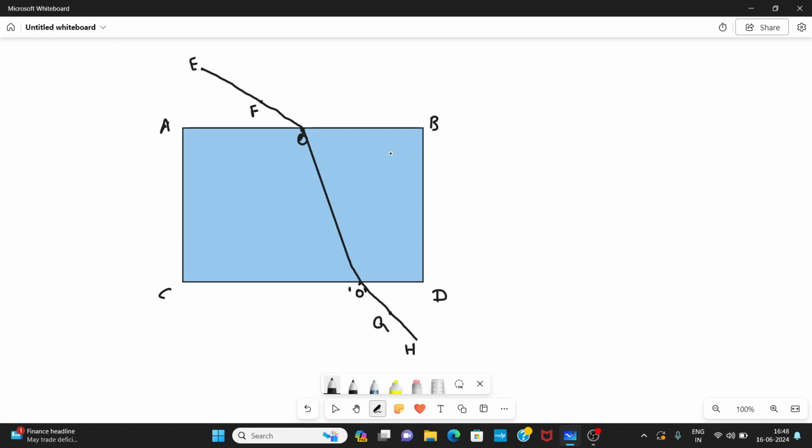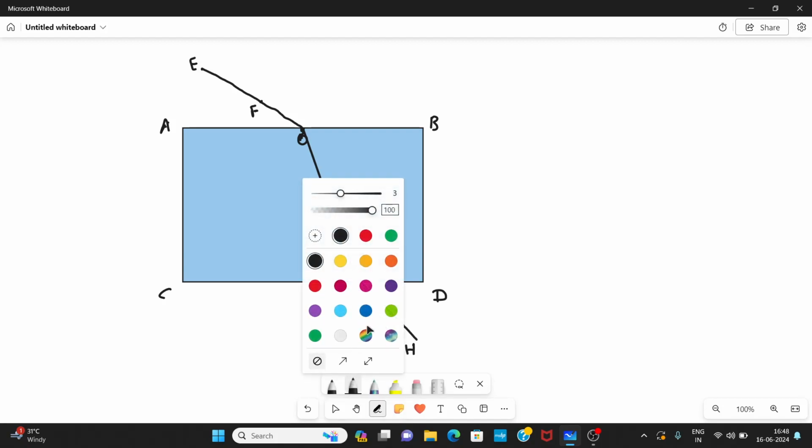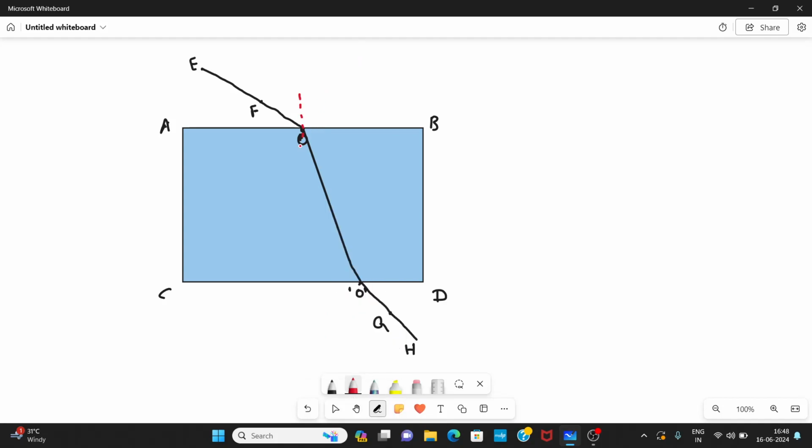So how can we observe the shift? You draw a normal, you drop a perpendicular here, and the angle here is called the angle of incidence.